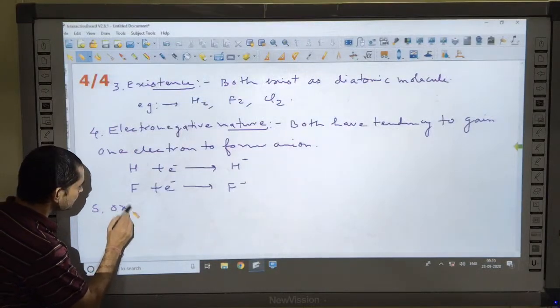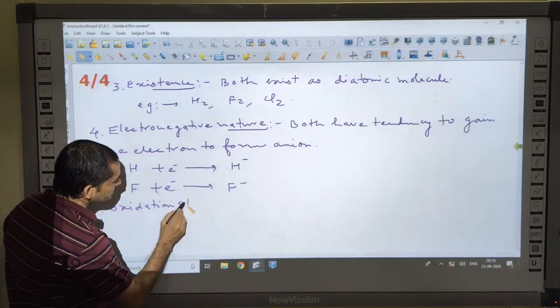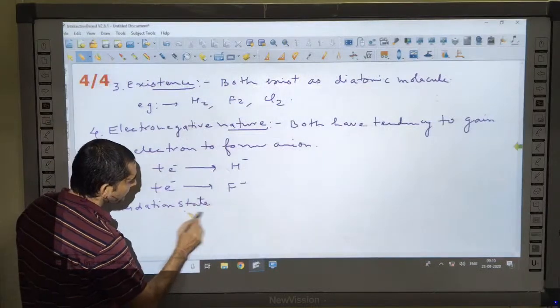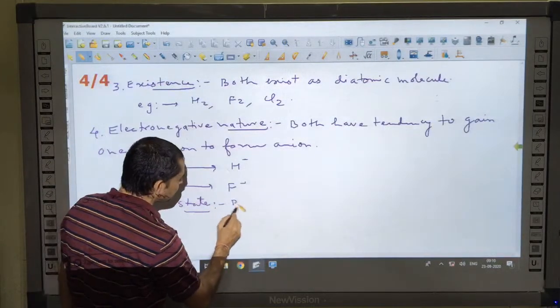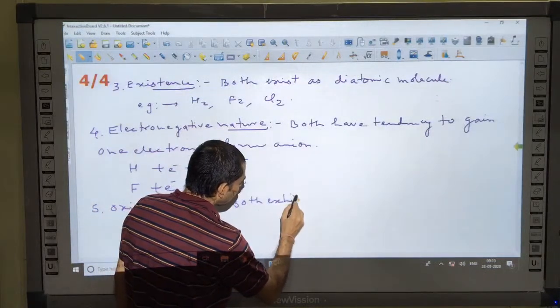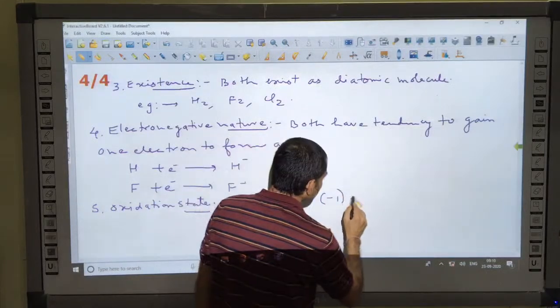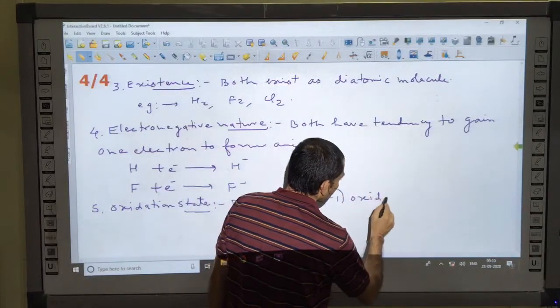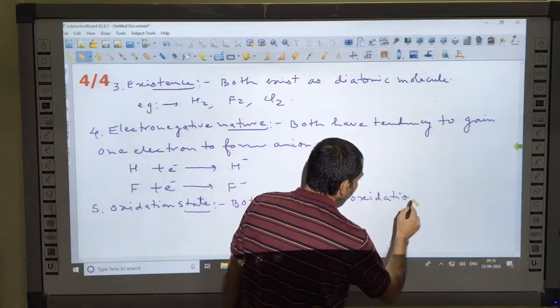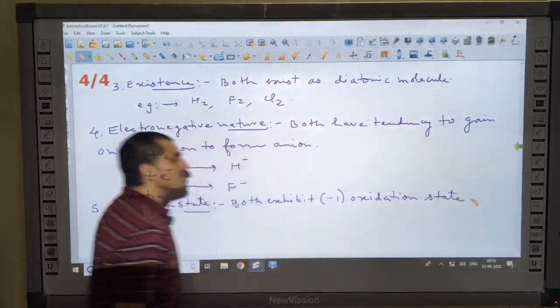Number 5, oxidation state. Both exhibit -1 oxidation state.